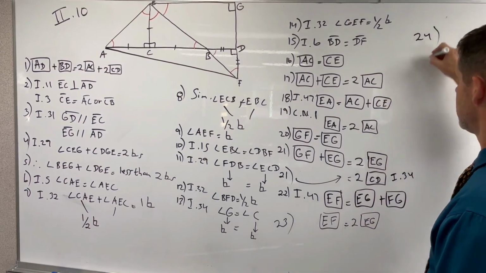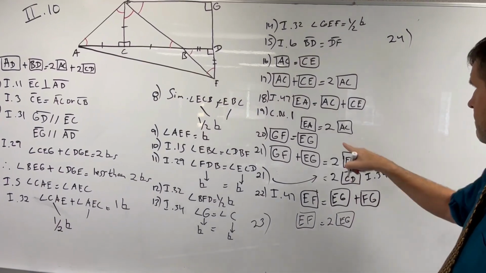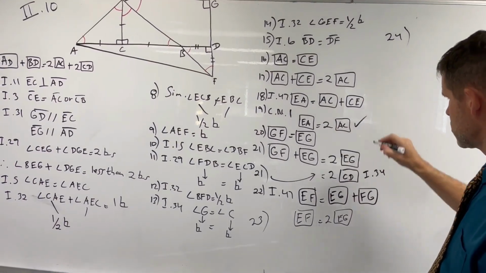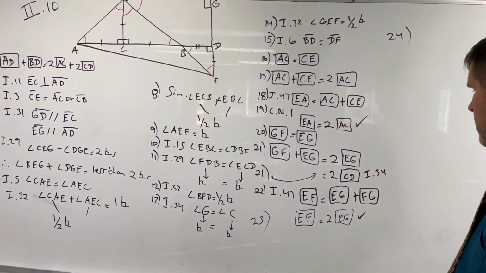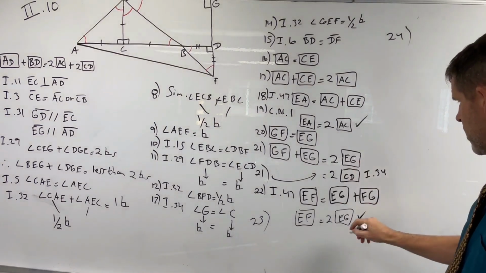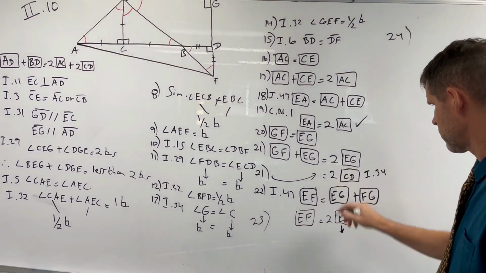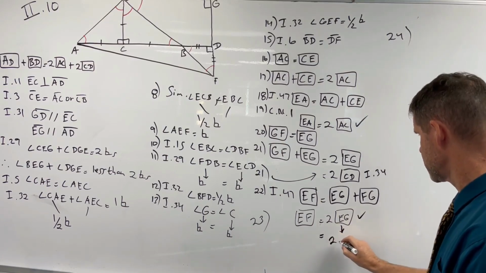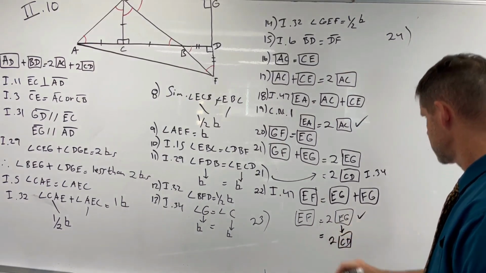Step 24. We're going to combine this step right here, which I'm going to check off, and this step right here. Instead of EG, we're going to replace this with CD like we did right here. So I'll say twice CD.